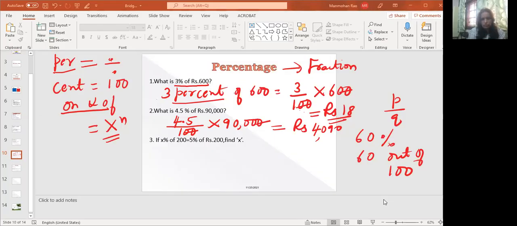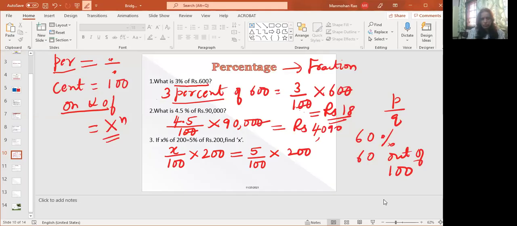X%. Follow this one. X per cent is X divided by 100, multiplied by 200, is equal to 5%, which is 5 divided by 100, again multiplied by rupees 200. Same number is given. Okay.